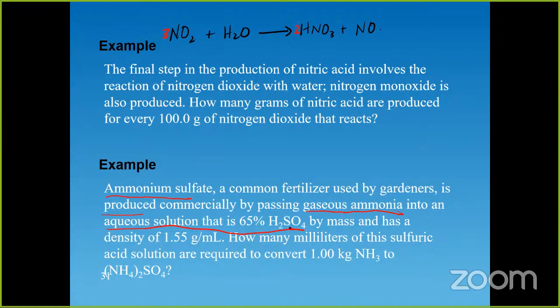So based on that information, the reactants are gaseous ammonia, NH3, and H2SO4. And what would be the product? Ammonium sulfate, for which the formula is (NH4)2SO4. Okay, very good.